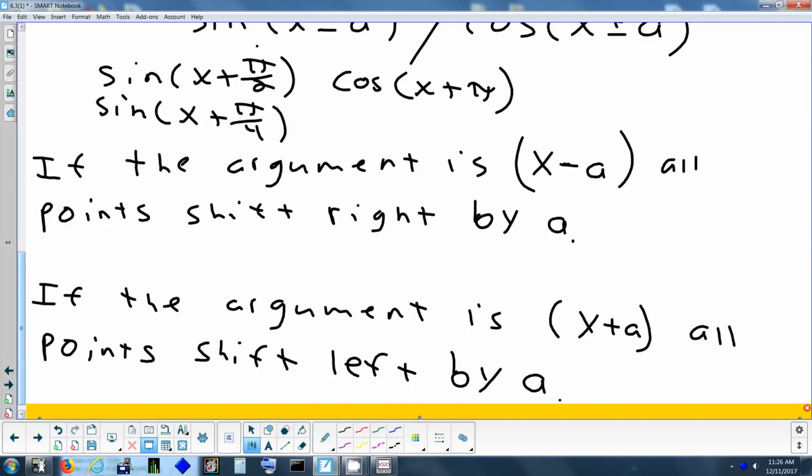Okay, so any questions on which way things are going to shift? It's exactly what you expect.